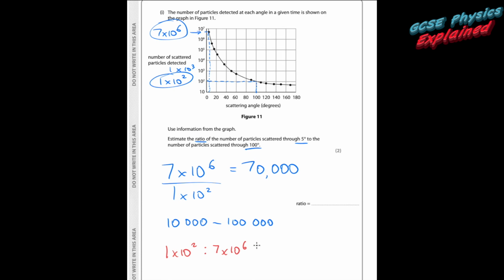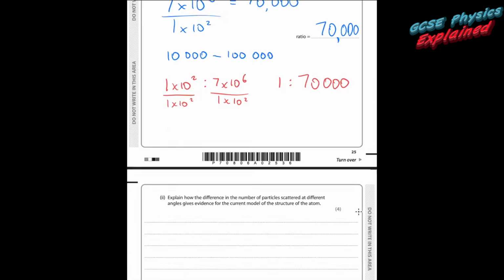And if you divide both sides by the smallest number, which will be 1 times 10 to the 2, well, that divided by that will give you 1, and that divided by that will give you your 70,000. So you could express it like that, 1 to 70,000.